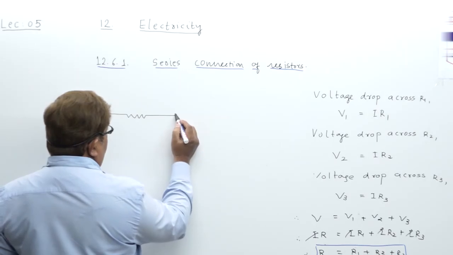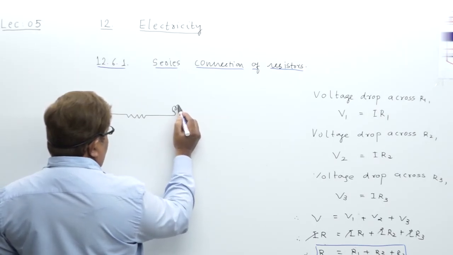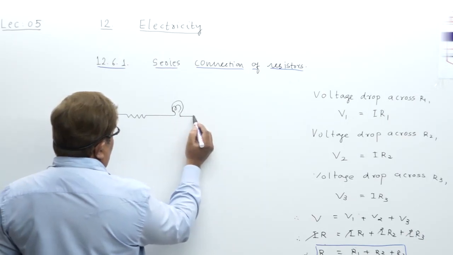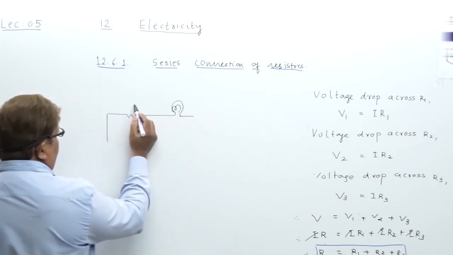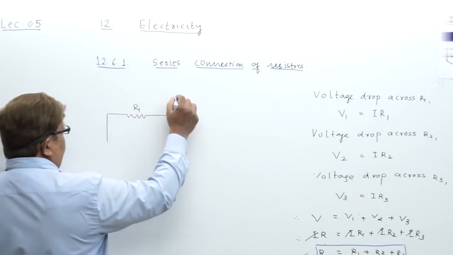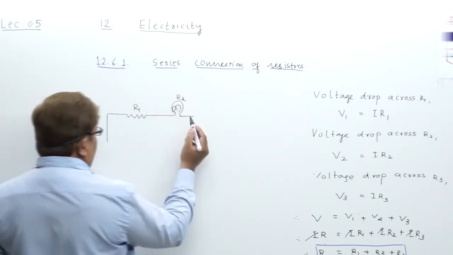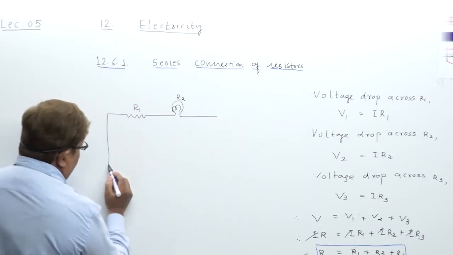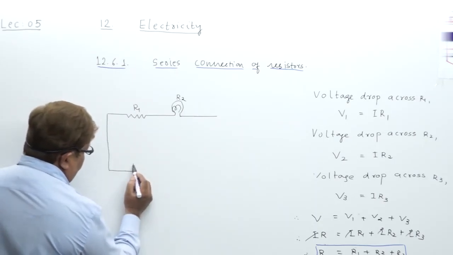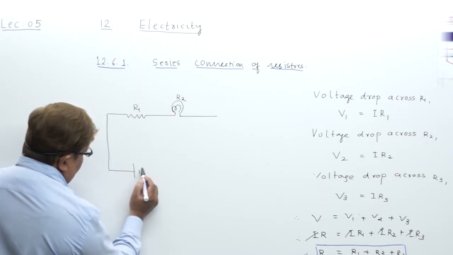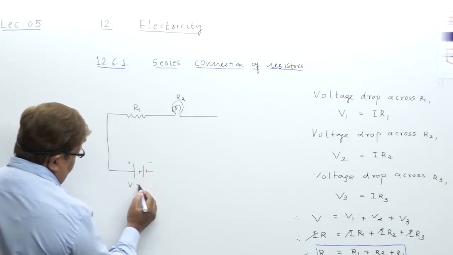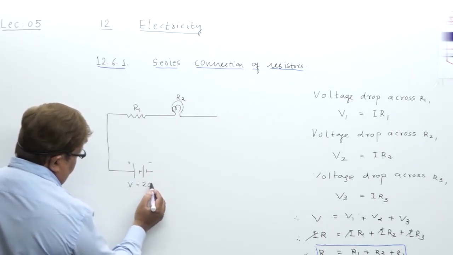And specifically I show here an electric bulb only. I say this as R1, and obviously the bulb is also a resistor, R2, okay? Then it is connected with, suppose, some battery of 20 volt, V equal to 20 volt.